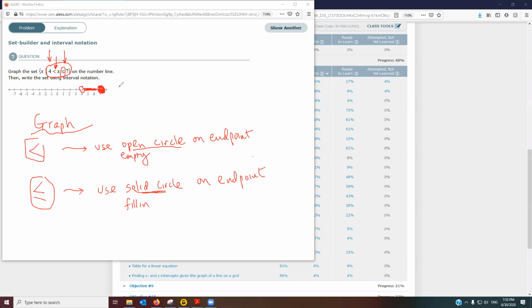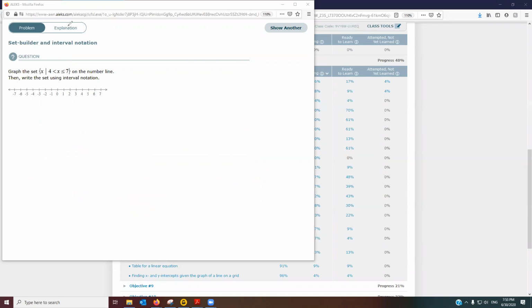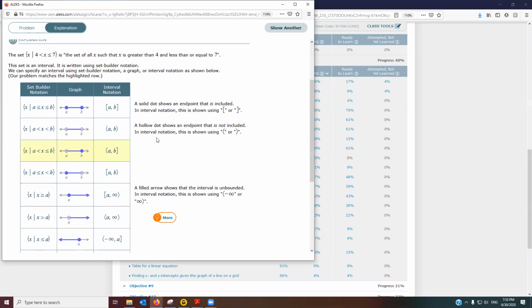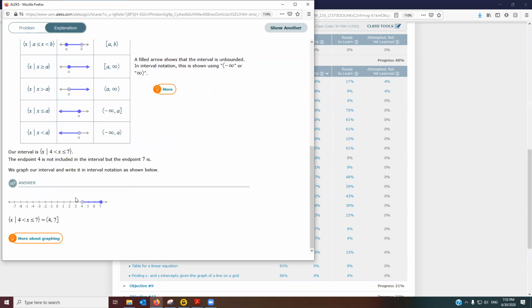Let me show you this on the explanation. It's probably easier to see the graph in the explanation. So let me show that to you. Here it is down here. So notice they've highlighted in between 4 and 7. They've made the endpoint at the 4 an open circle, and they've made the endpoint at the 7 a filled-in circle.